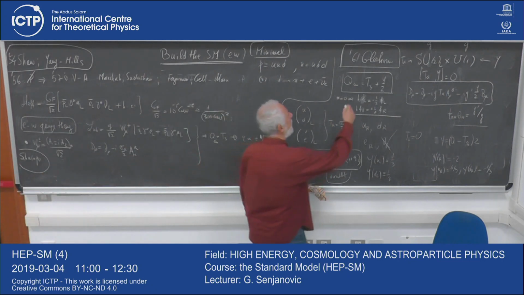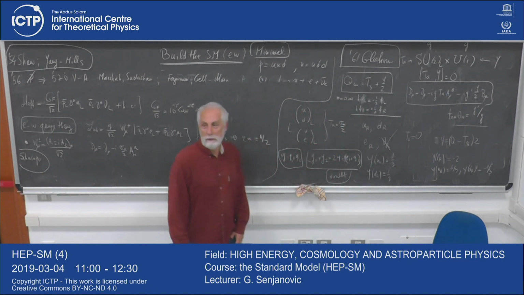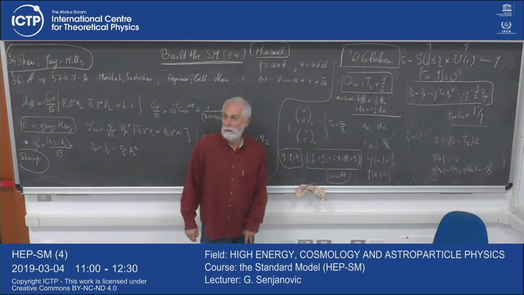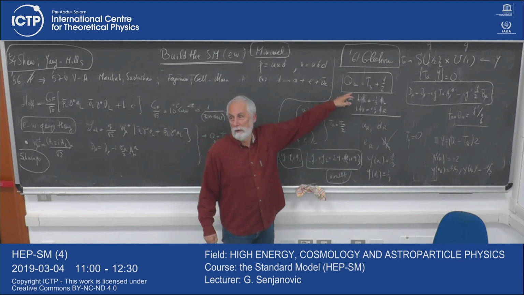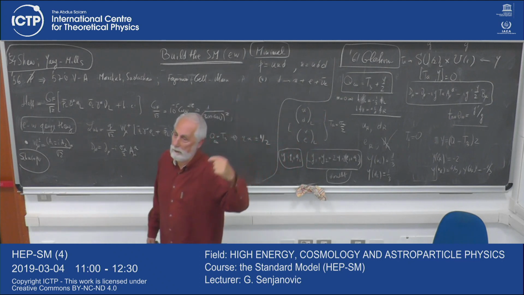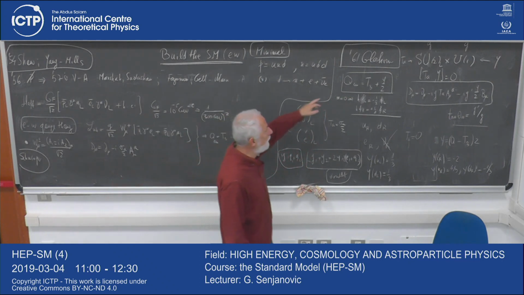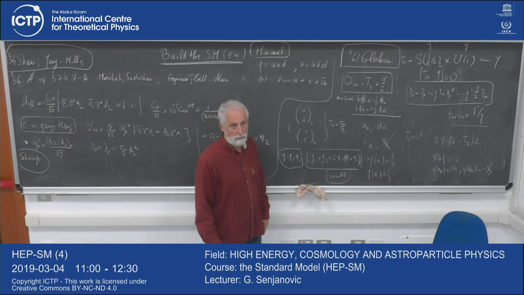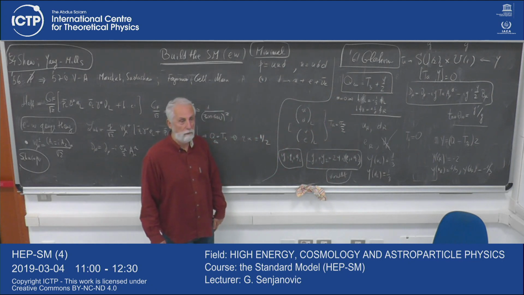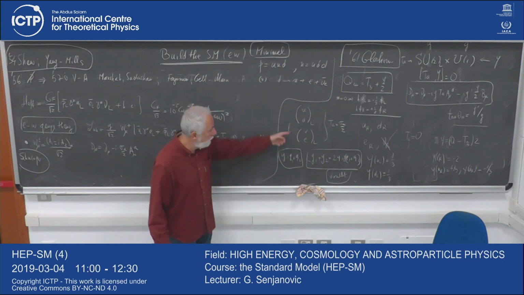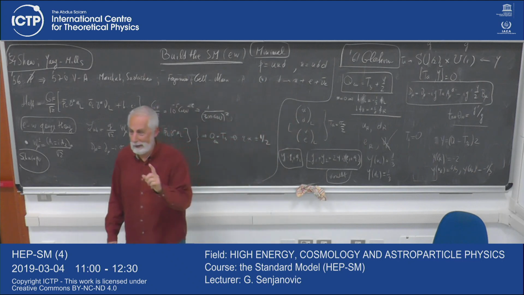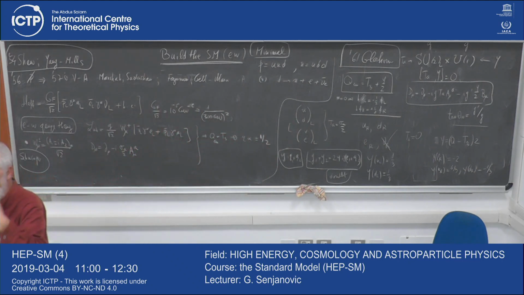So how do you know? Well, here there is another convention. The particle with the bigger charge is always an upper component. Because of the convention, the charge is fixed. So this has to be an up quark, and this has to be a neutrino. The neutrino has more charge than the electron. Remember, -1 is smaller than 0, okay?